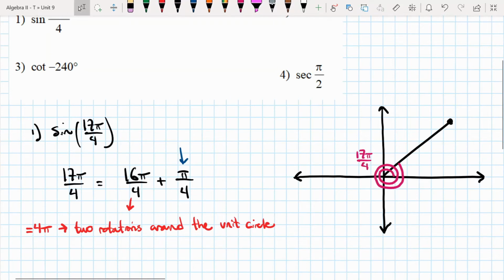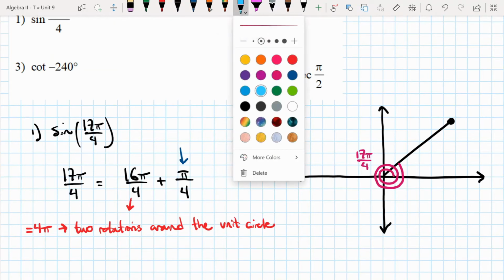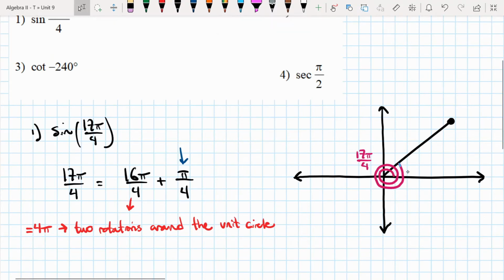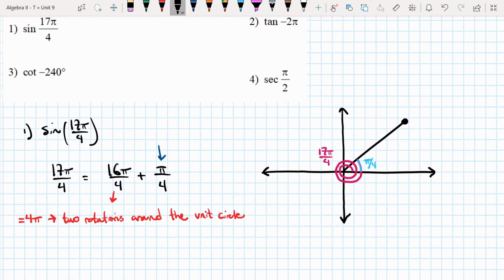And so we're located here. And so we would say the reference angle, which is this angle right here, is pi over 4. Because we are at pi over 4 from the starting point, we know that the coordinate point here is going to be root 2 over 2, comma root 2 over 2.